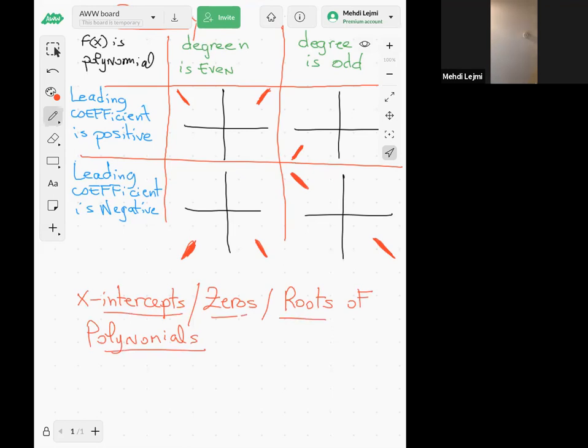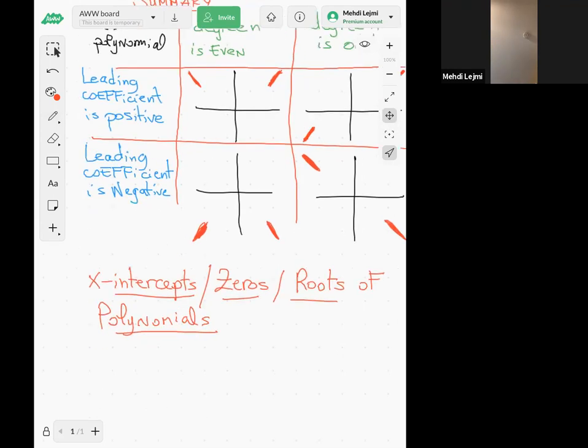And zeros or roots mean the same thing. It's just solutions of f of x equal to 0. So let me just remind you, this is just the definition of x-intercept.